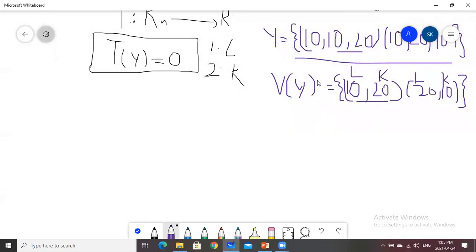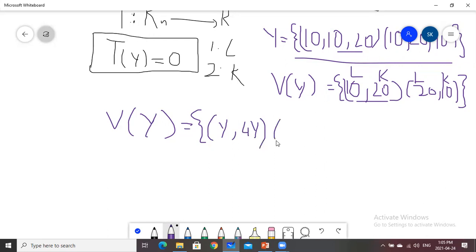Assuming that the production of Y requires different combinations of inputs, we can write the possible combinations as V of Y is equal to (Y, 4Y), that is a 1:4 input combination, and the other one is a 4:1 input combination, (4Y, Y).